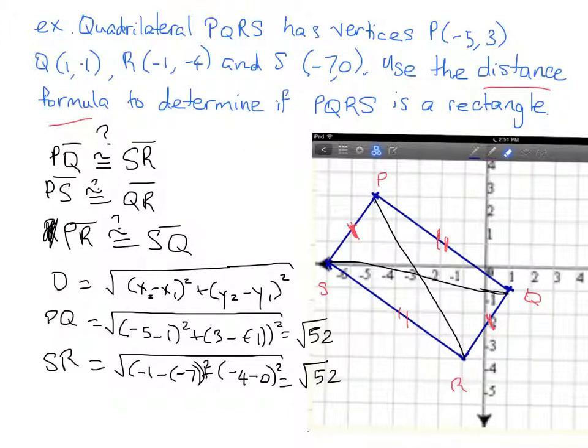So our first condition is true. We no longer are questioning whether PQ is congruent to SR. We are now sure. So now we have to go ahead and test the other two pairs. And since I've run out of space, I'm just going to do it on the next page.